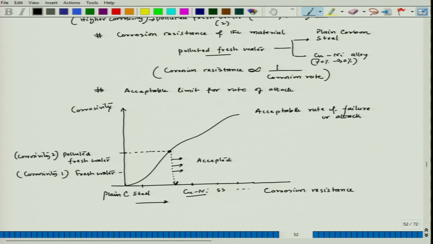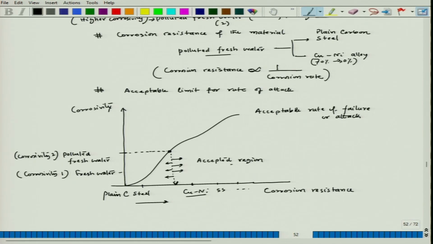This is the accepted region, any material falling on the right of this projection from the point of intersection between the corrosivity and the acceptable rate of failure. On the left side of it, any material sitting there will not be able to withstand the corrosive ability of that particular medium, fine. So, that material should not be chosen.